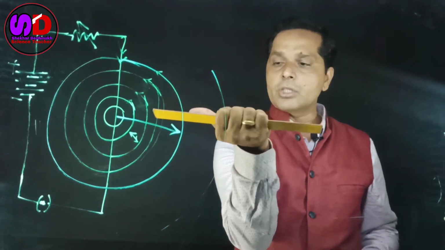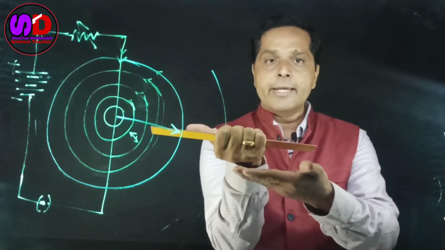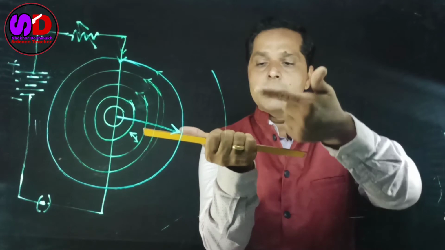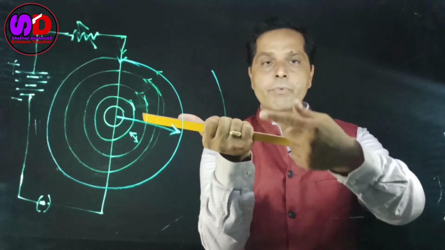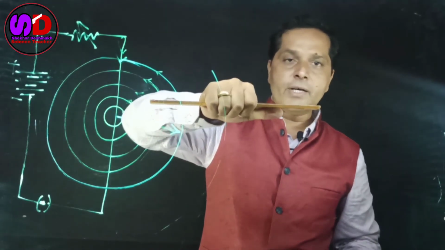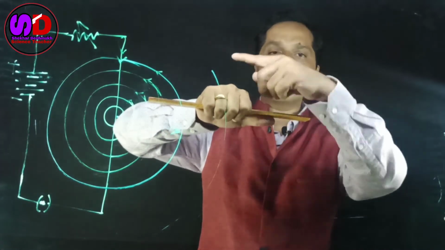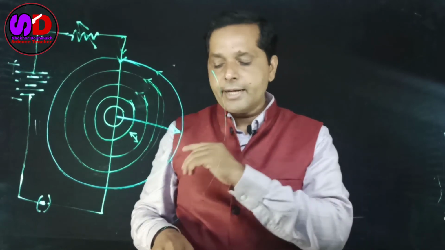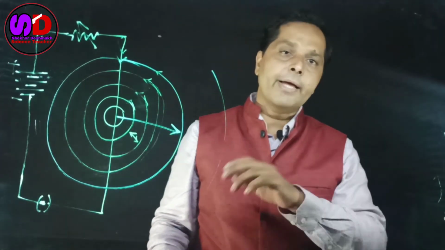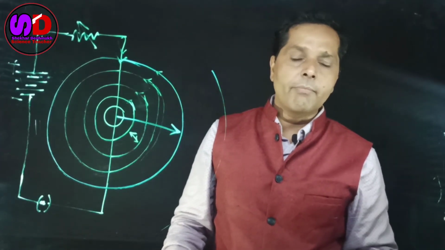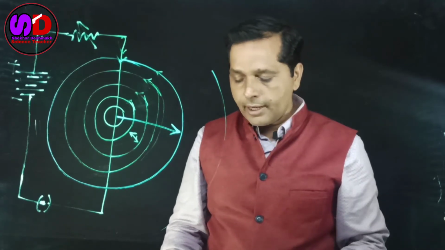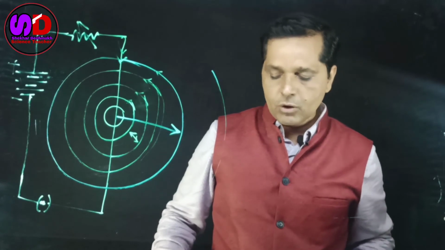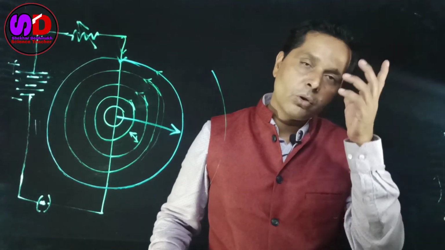Stretch the thumb in this direction, and you can get the direction of magnetic field. So the direction of magnetic field is from down to up in this way. If we reverse the direction of current, the magnetic field direction also reverses. So we can get the direction of magnetic field by using the right hand thumb rule, and this rule is also called Maxwell's corkscrew rule.